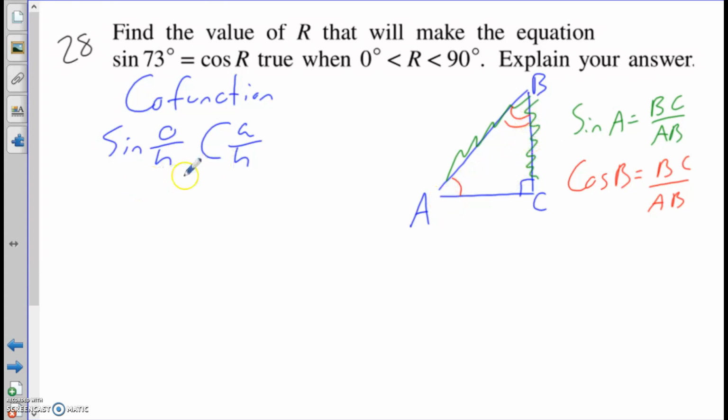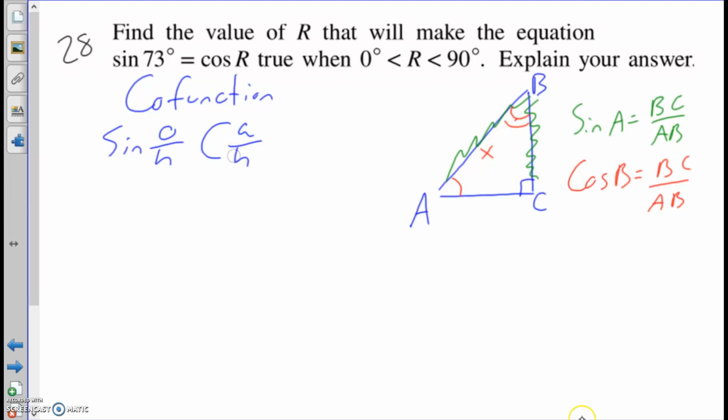When you switch acute angles and switch functions, you end up with the same ratios. So sine and cosine are equal when you're talking about these two complementary acute angles, because these two angles add to 90. Remember, the three of them is 180, but these two together are 90.